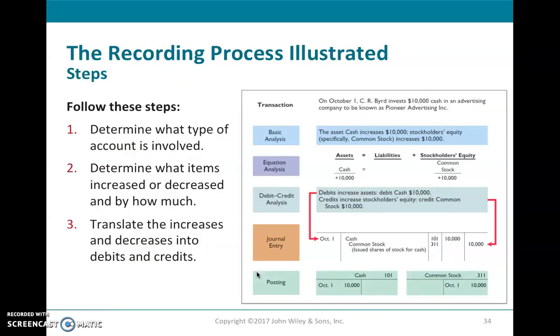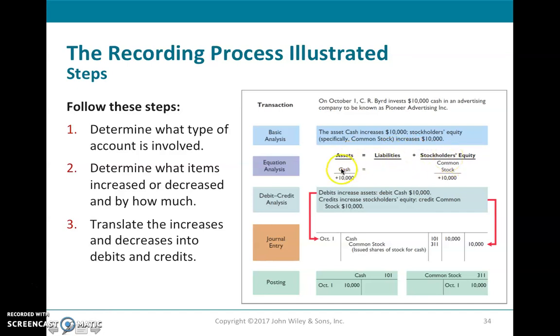Now, let's go over a couple of examples for journalizing. In this example, it looks like the owner invested $10,000 cash in the company called Pioneer Advertising. If you want to go over the basic analysis that we did in Chapter 1, assets increase, stockholders' equity increases.